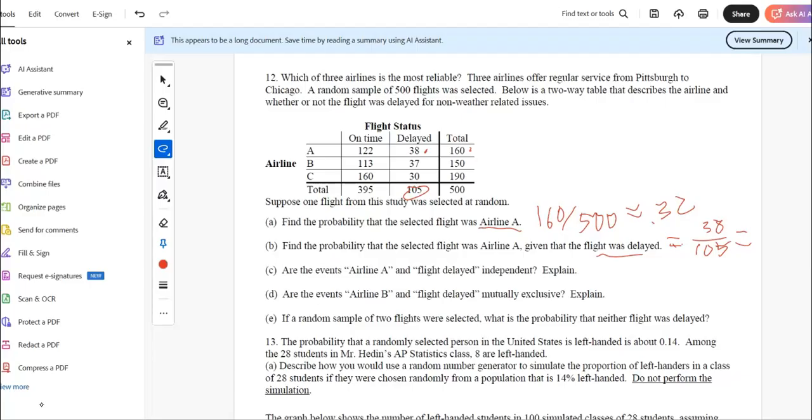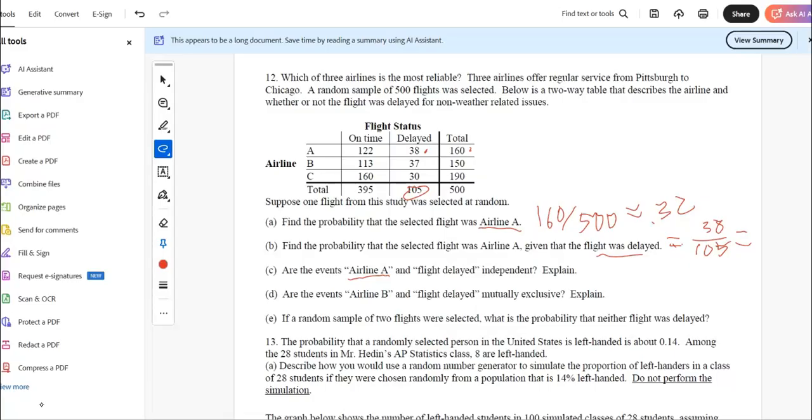Are the airlines A and flight A delayed independent? So there might be a couple different ways to prove this or not. So it's possible they are, I don't know. So the probability of A should be the same as the probability of A given the other. Let's just check.